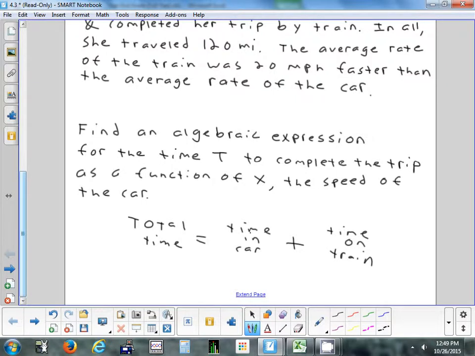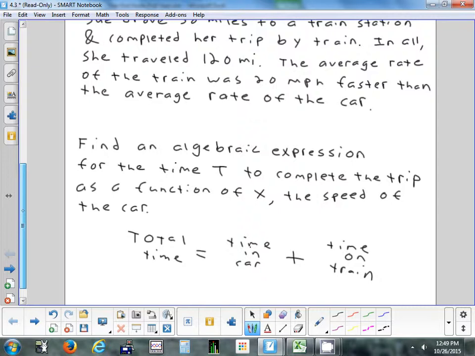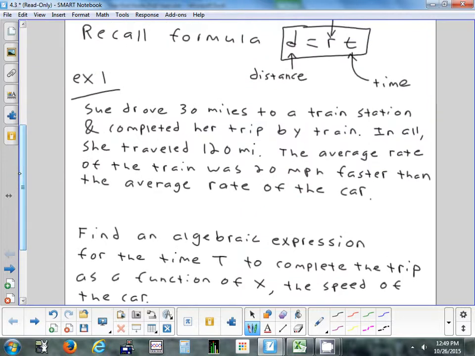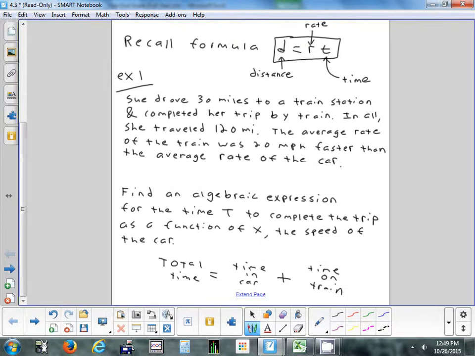Now, how do you find time if you know rates and distances? Yep, distance divided by rate. Take the distance and divide by rate, and that gives you time.